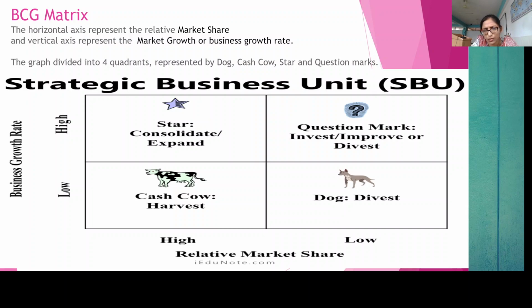The dog category is not at all profitable. Rather it's generating extra cost without any future prospects.